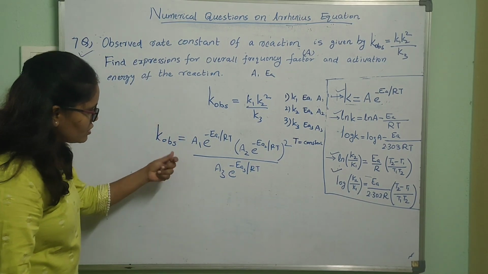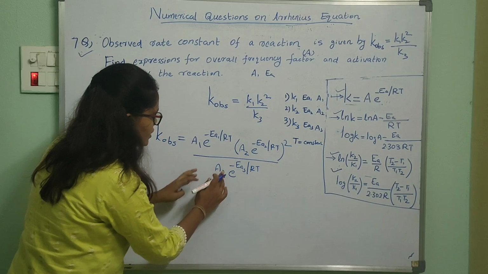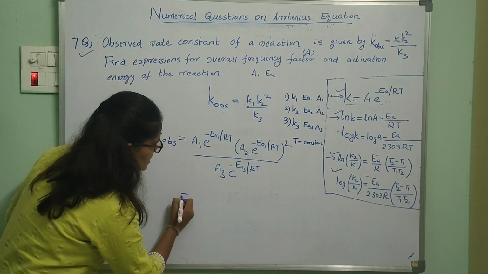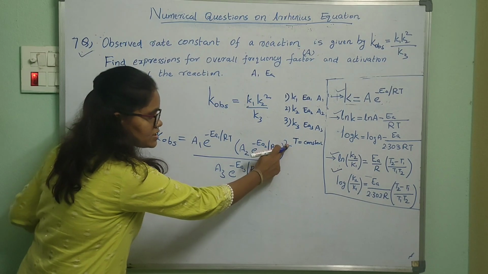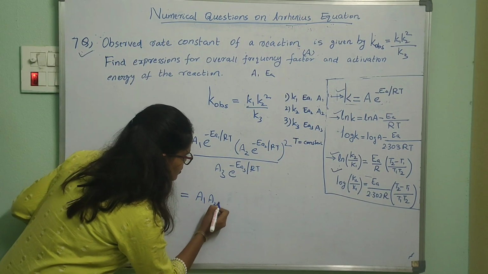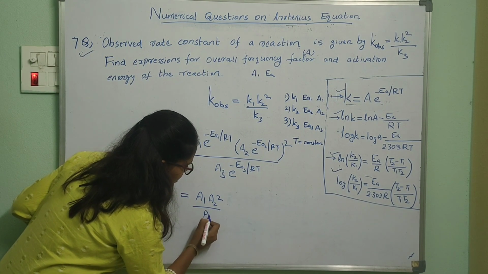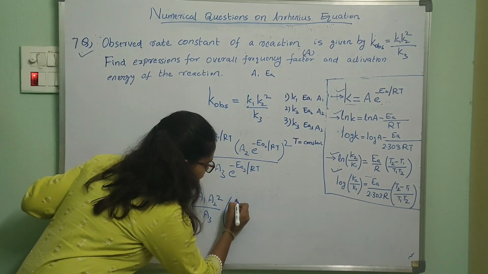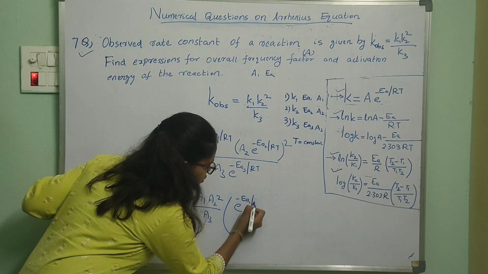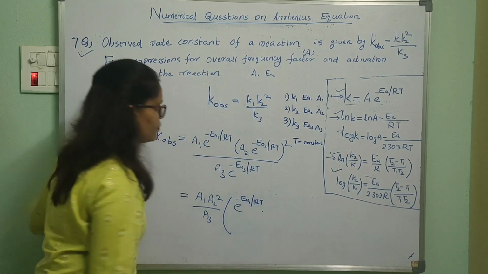So how can I solve this? I can bring A1, A2, A3 to one side together. So this is A1, and A2 has a square, so I will write it as A2 square by A3. Now we have e power minus EA1 over RT into e power minus EA2 over RT whole square.